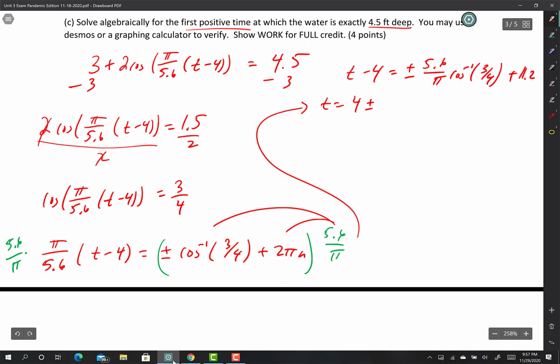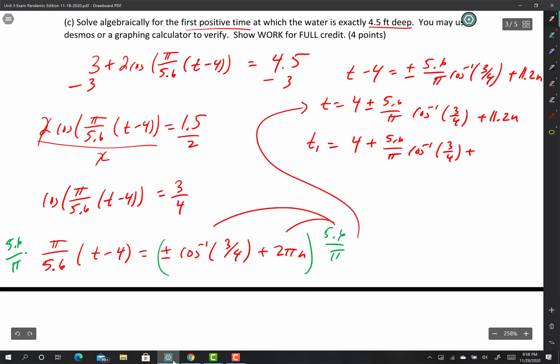So t equals 4 plus or minus 5.6 over pi arc cosine of 3/4 plus 11.2n. And there should be an n there for n cycles. So there it is. And then we're going to see which one is the smaller one. We want the one that happened first. So it's probably going to be the minus one. But we'll calculate both anyways.